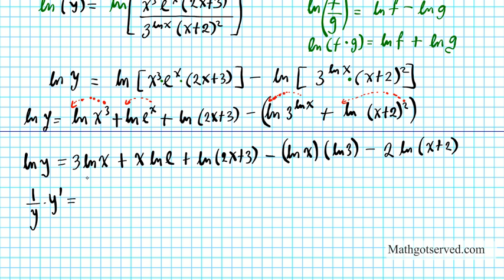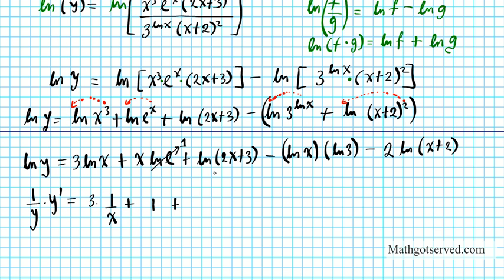Alright, let's differentiate this. The derivative of ln x is 1 over x, so we are going to have ln 3 times 1 over x, plus the natural logarithm of e is simply 1, since they're inverses. So the derivative of x is 1, plus, now I have to apply the chain rule here.